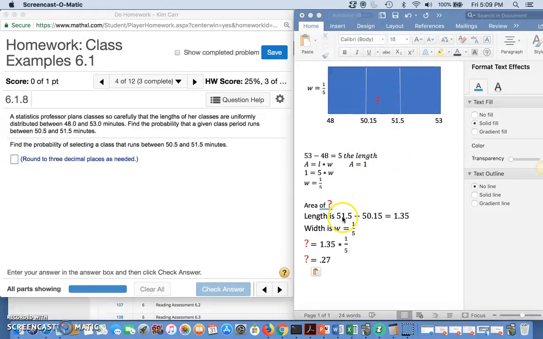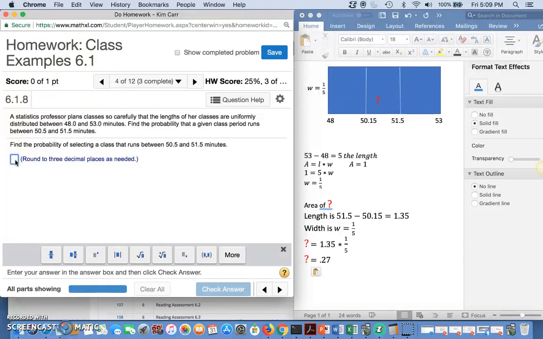I take the 51.5 and subtract the 50.15, and from here to here there's 1.35. The width was 1/5, so I multiply those to get the area of the little rectangle, and we got 0.27. Let's see if it's right.